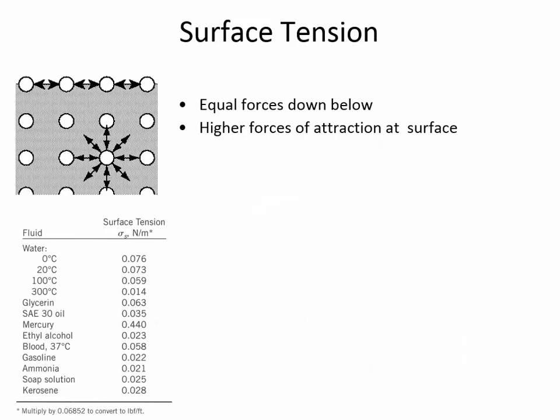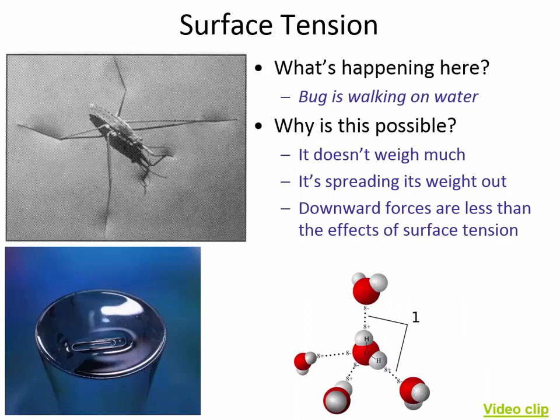Let's go back to the picture of the bug. So the force of surface tension, the formula we were just looking at on the previous slide, F is sigma, multiplied by length. Okay, so the length is actually more than just 1 times this bug's physical length.